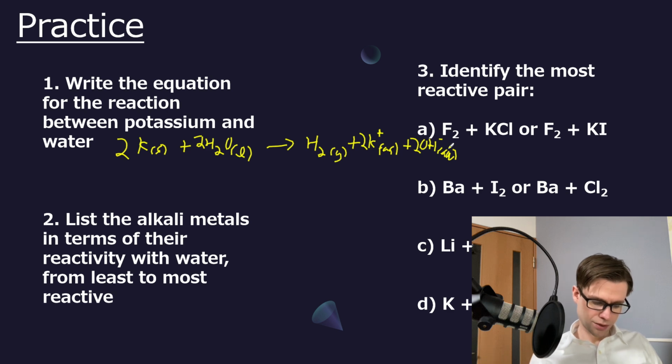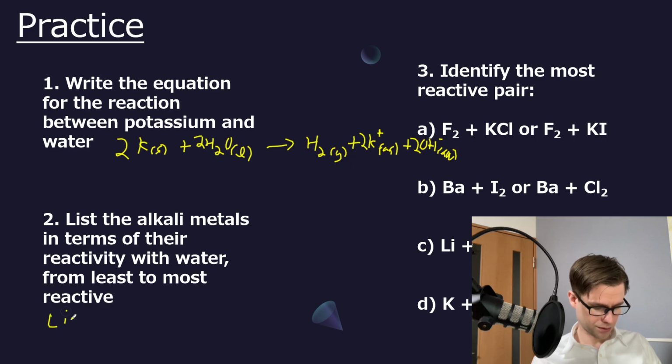2, list the alkali metals in terms of their reactivity with water from least to most reactive. So you can just consider periodic trends and go in one direction along the periodic table. So the least reactive alkali metal will be the one with the highest ionization energy.